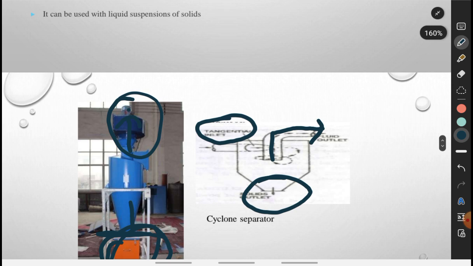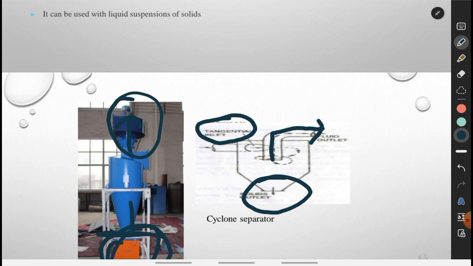So from here the fine particles are removed. The rotatory flow within the cyclone causes the particles to be acted on by centrifugal force, and solids are thrown out to the wall, hence falling to the conical base and out of the discharge.